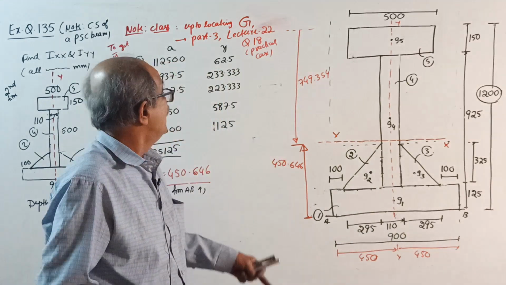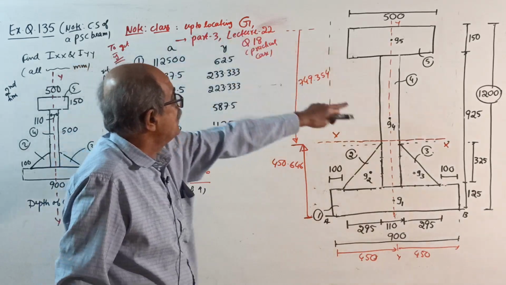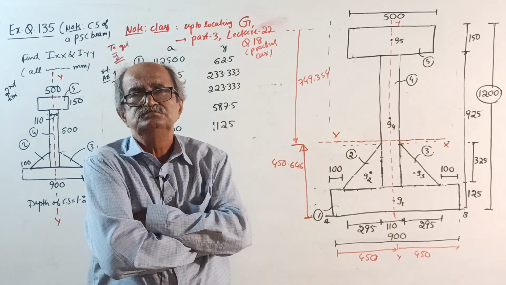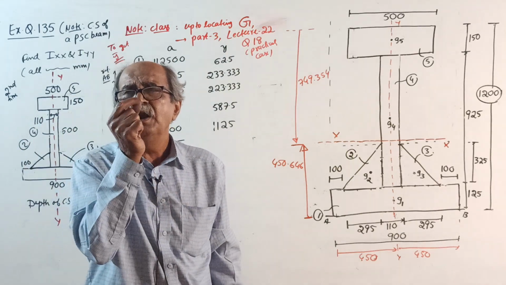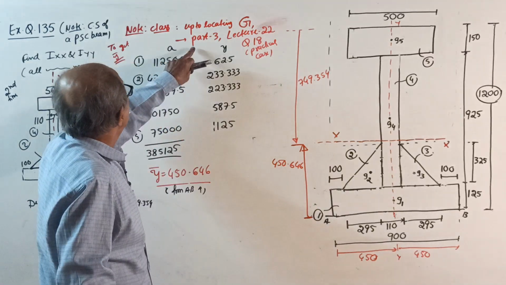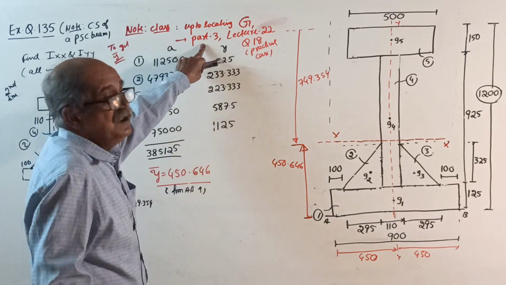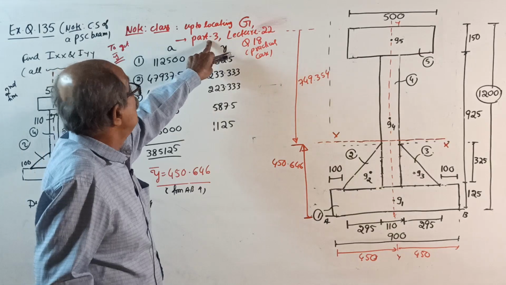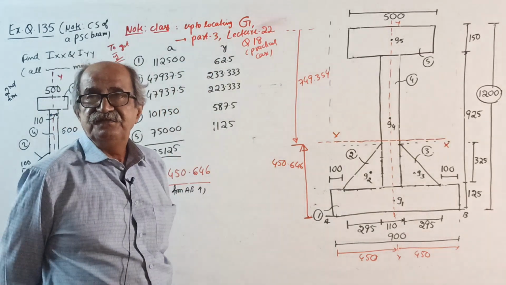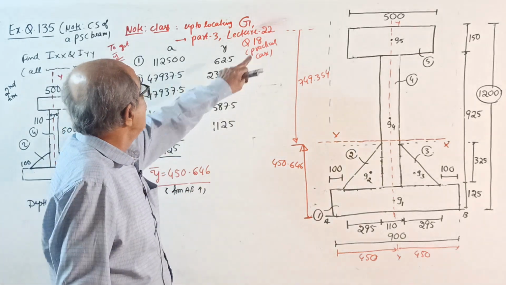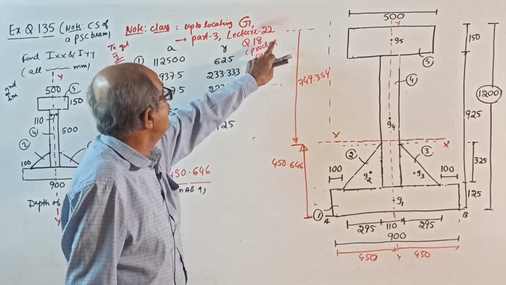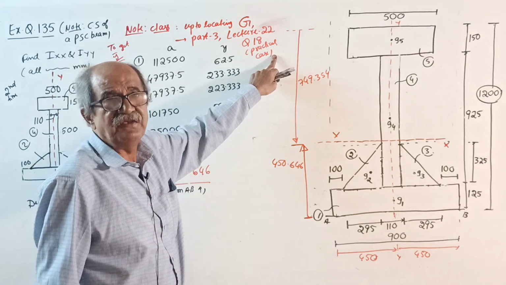For that matter, up to locating centroid, that is up to now, I should not have told 1 millimeter part of this one. Why? Because this is the same question in part 3 of engineering mechanics, that is centroid and moment of inertia, lecture number 22, question number 18, where I wrote a practical case.